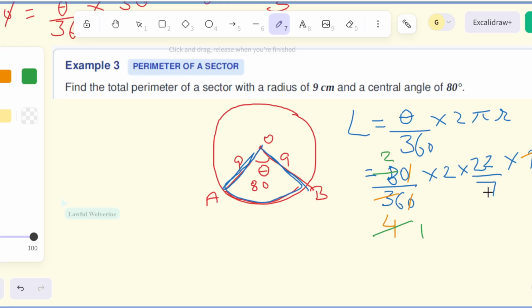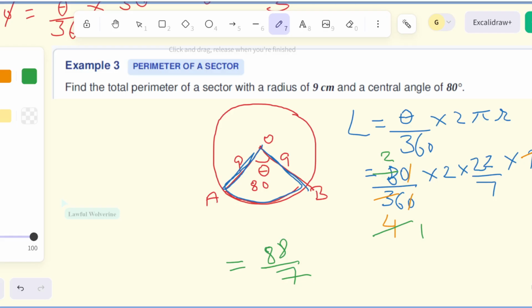And what to do with 7? We have 7 here, and it will not cancel with anything now. So what you have now is 2 times 4 and 22 into 4, which is 88 upon 7. So you're getting a fraction, right? That is the length of the arc, isn't it?